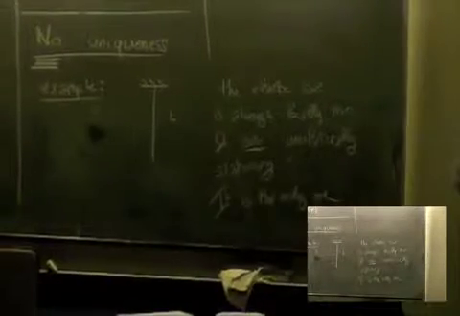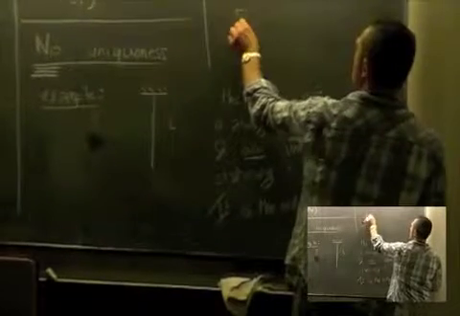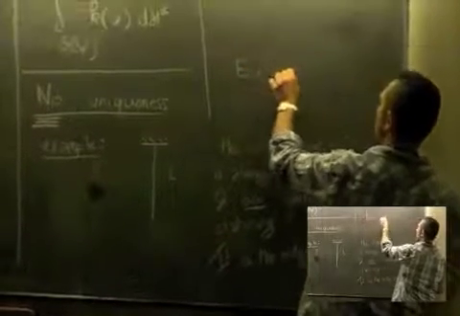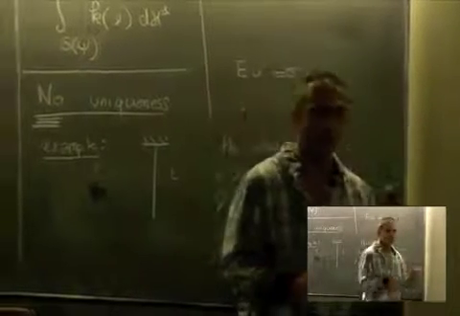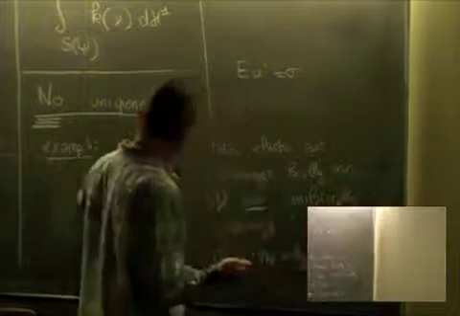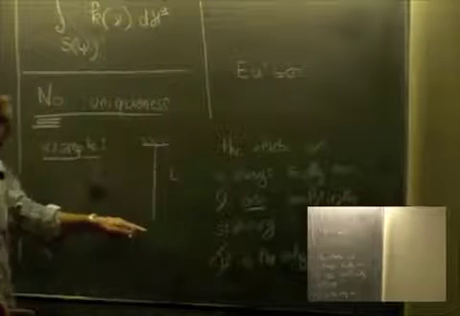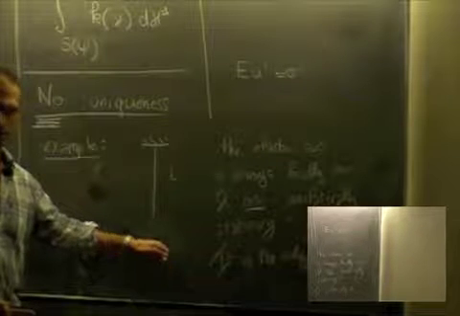The computations will be the same. There'll still be the fact that Eu prime equals sigma, some sigma. The difference is that sigma is not imposed. It's just a stress inside; if the bar is completely elastic, you compute the sigma as a function of the displacement that you apply at the end.